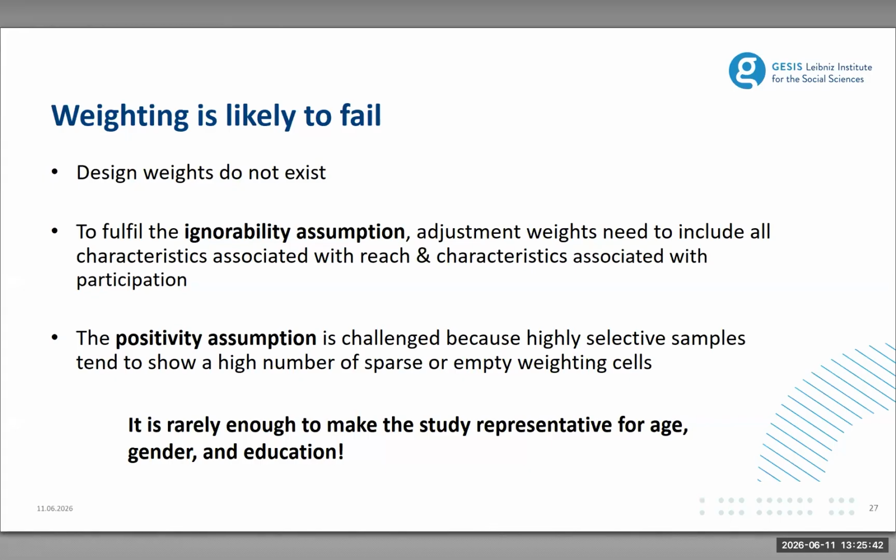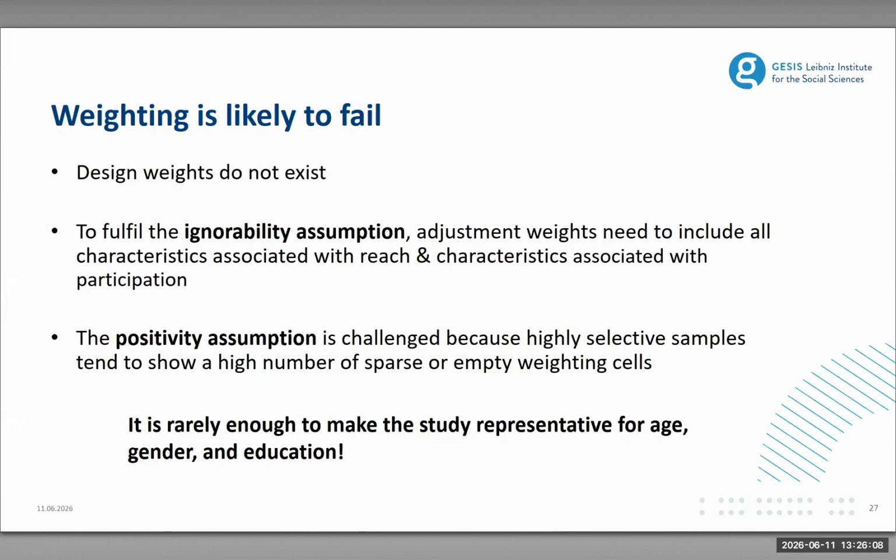And of course, we don't have any design weights, so we don't know the probability to be reached by the survey, I mean, there is no sampling, and it is 0 for many individuals. Someone who's not on Facebook has a 0 propensity of being reached by the Facebook survey. And often we do have information about the participants.